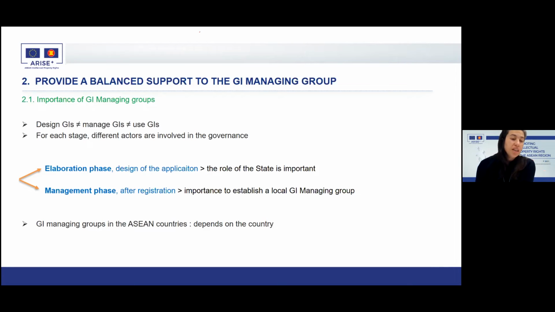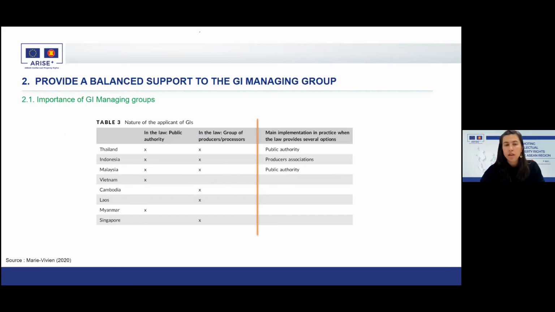Regarding the GI managing groups in the ASEAN countries, it really depends on the country, where we have different situations. Some countries decided that the applicant must be a public authority. This is the case for Myanmar.